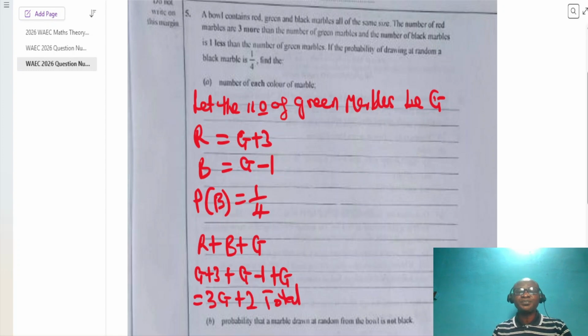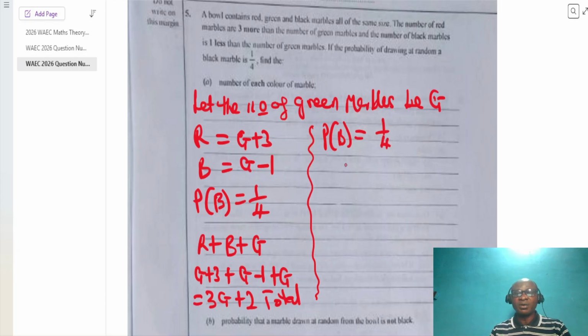Moving forward, we are given the probability of picking black as 1 over 4. Probability is the number of marbles required over the total number of marbles in the bowl.